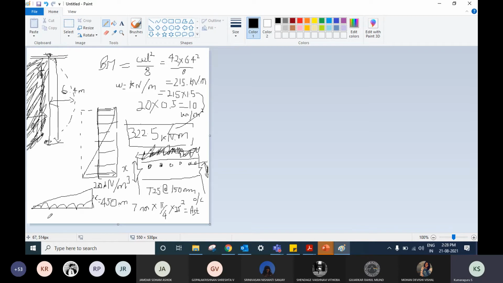What is that value? Someone give me an answer, please. 7 into pi by 4 into 25 square. Guys, come on, give me a value.